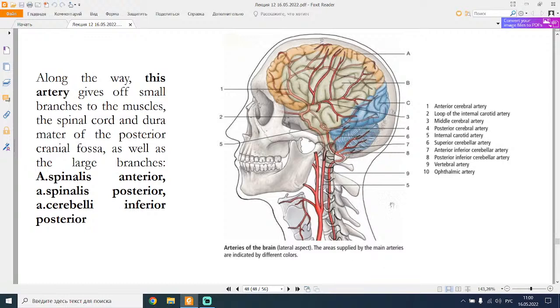Along the way, this artery gives off small branches to the muscles, the spinal cord and the dura mater of the posterior cranial fossa, as well as the large branches: arteria spinalis anterior, arteria spinalis posterior, arteria cerebelli inferior posterior.